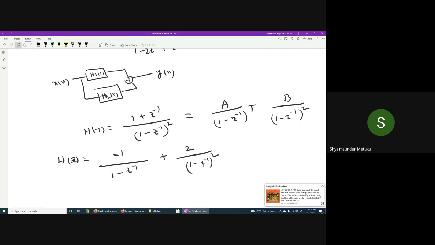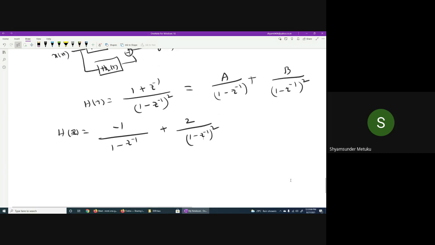Tell me. Is it clear? A equal to -1, B equal to 2. Yes, sir. Correct only. Now you try to perform LCM and make sure that you are getting the same thing.